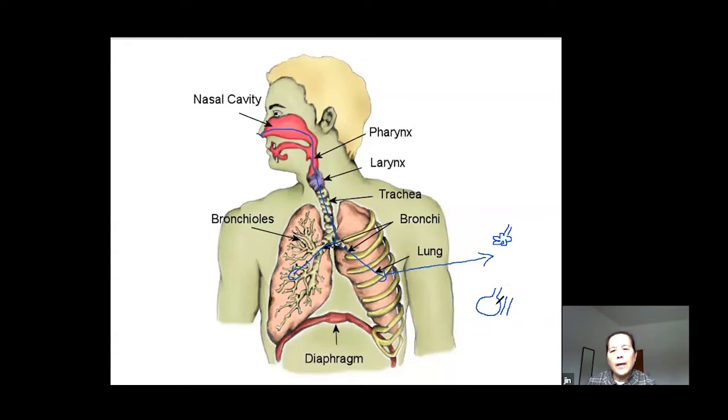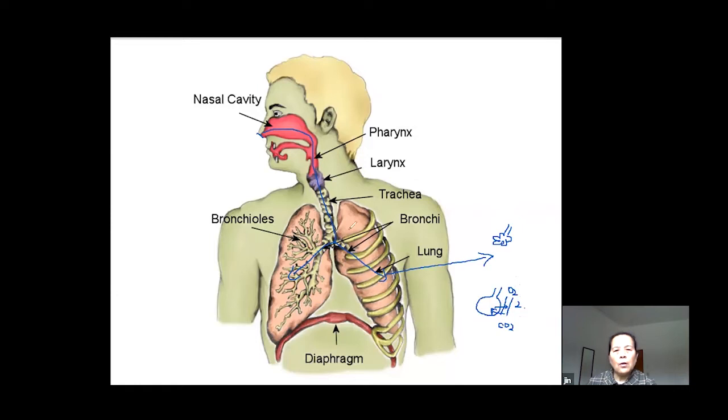The air exchanges from the alveoli to the blood vessels, and from the blood vessels to the alveoli. Oxygen moves from the lung into the blood vessels or capillaries, and carbon dioxide moves from the blood vessels to the alveoli. That's the second step.